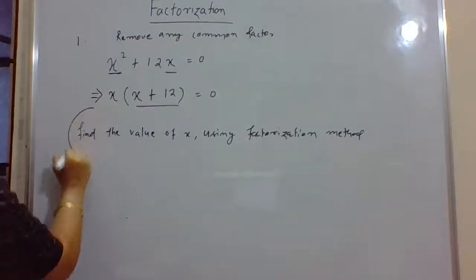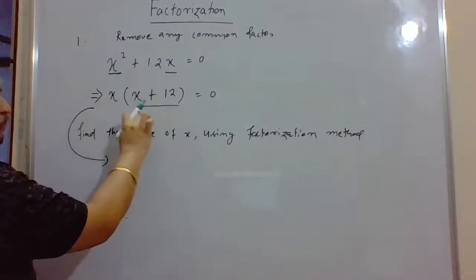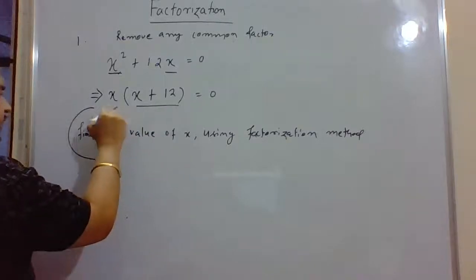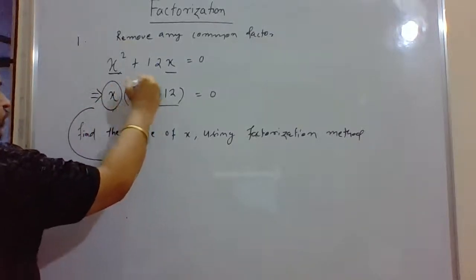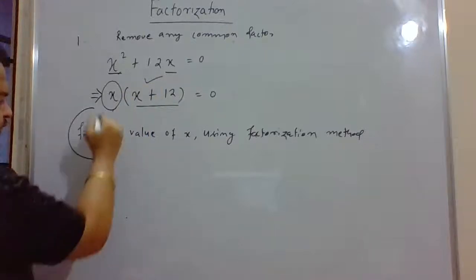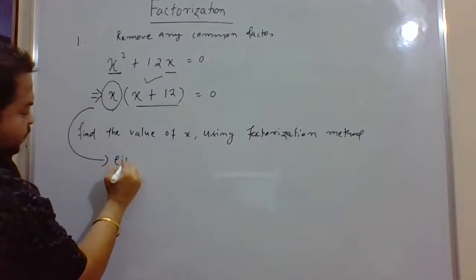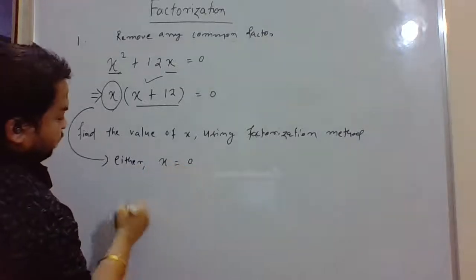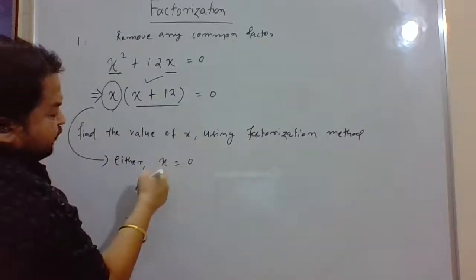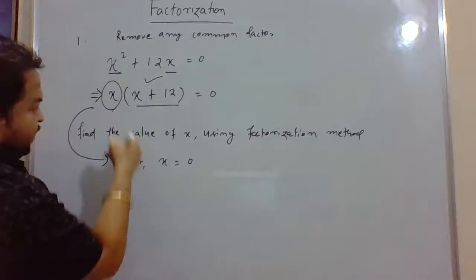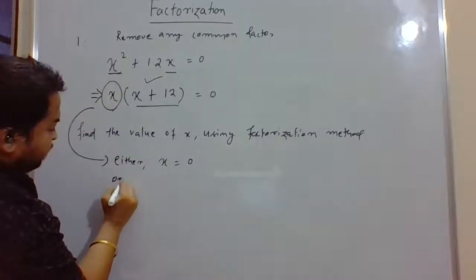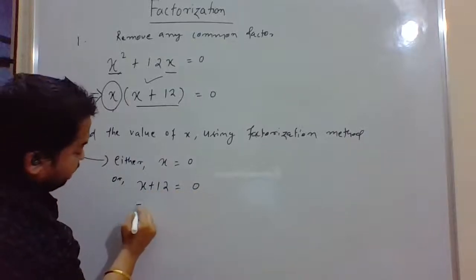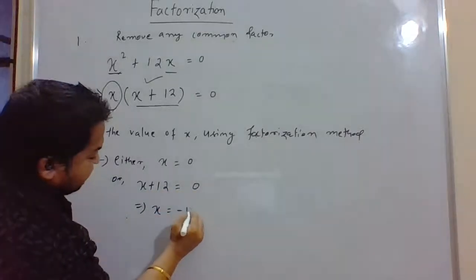If the multiplication of two terms is 0, then there are only two possibilities: either this term is 0 or this other term is 0. So either x equal to 0, which gives one value of x, or x plus 12 equal to 0, or x equals minus 12.